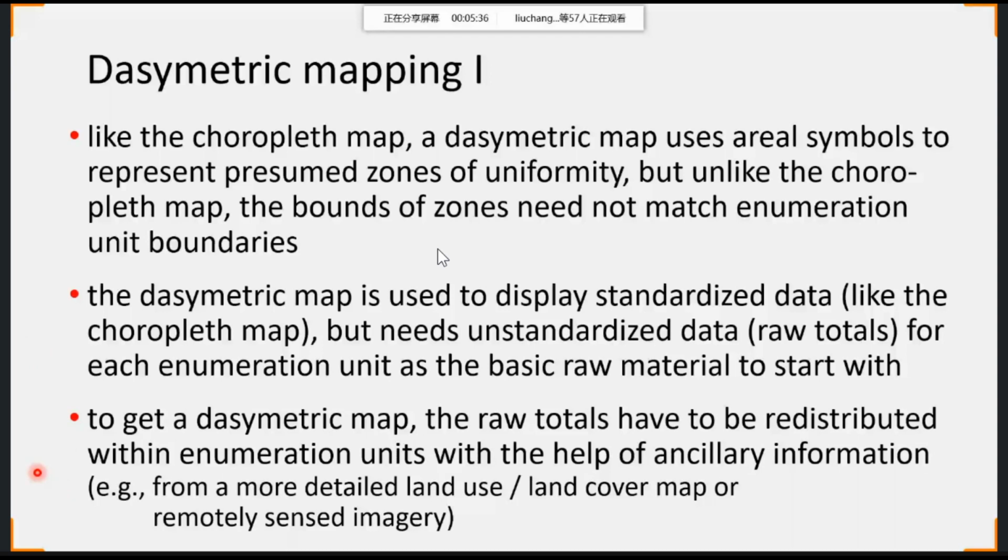To get a dasymetric map, the raw totals have to be redistributed within the enumeration units with the help of ancillary information. Ancillary information is additional information, for example from a more detailed land use or land cover map, or from remotely sensed imagery. This is also a possible source.